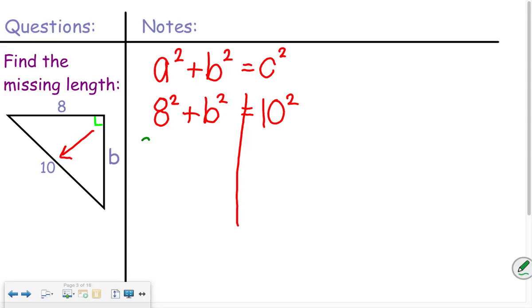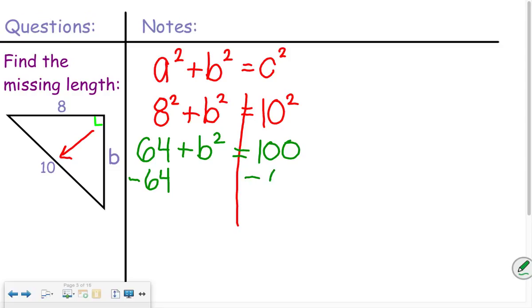8 squared is 64. 10 squared is 100. We want to get B alone, so subtract 64 on both sides. 100 minus 64 is 36. And we undo the squared by square rooting both sides.